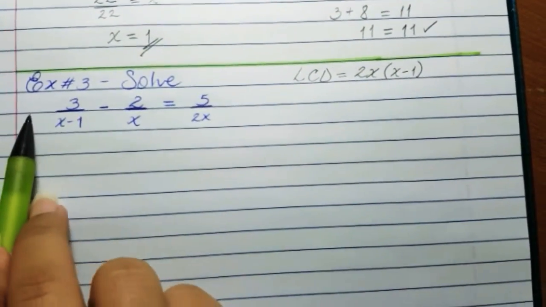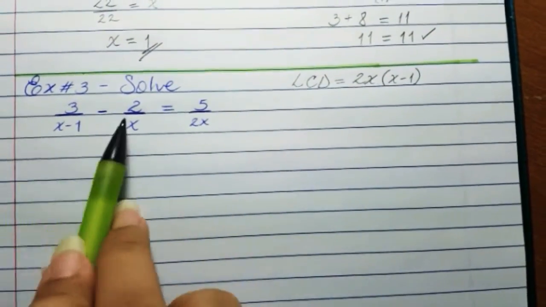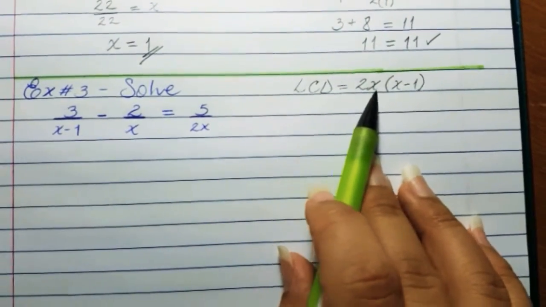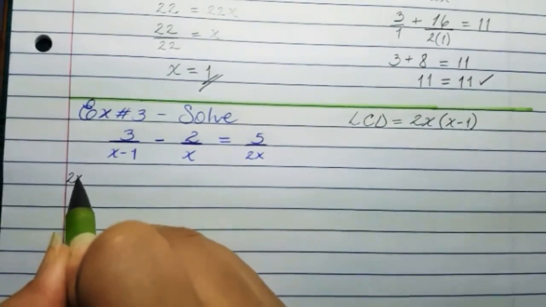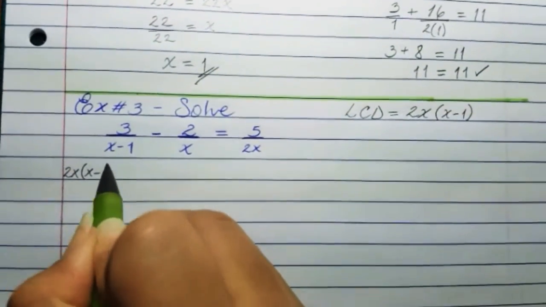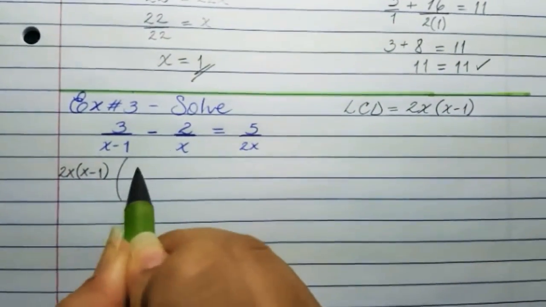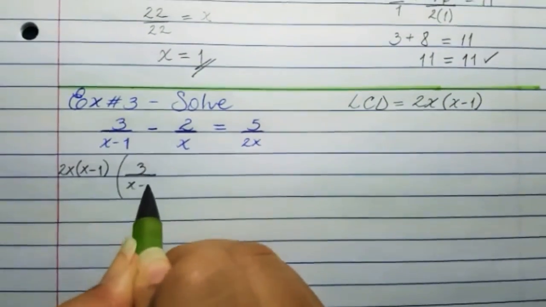I'm going to multiply all of the terms by the least common denominator. So 2x times x minus 1 times 3 over x minus 1.